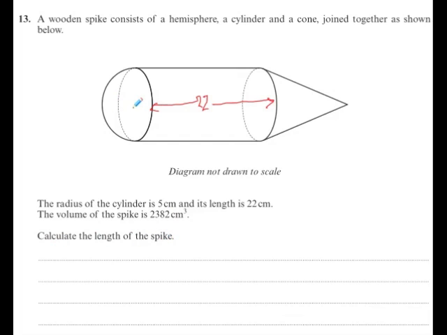So they want that length plus the length of the hemisphere, which is 5 centimeters, plus the length of the cone. And we don't know that, so let's call that h.